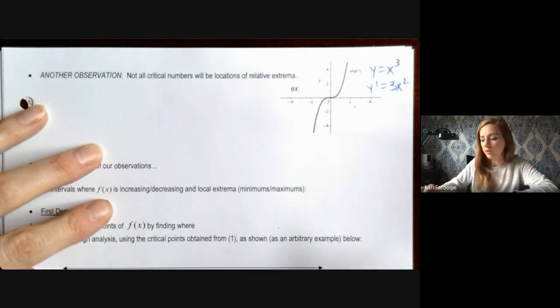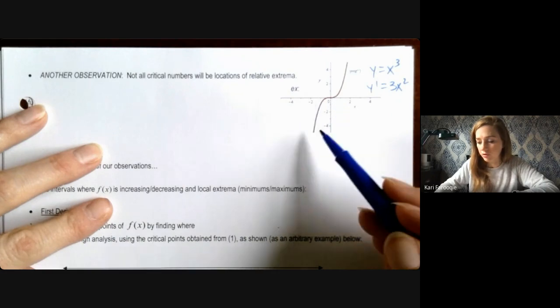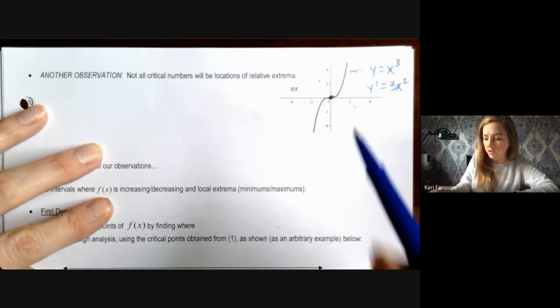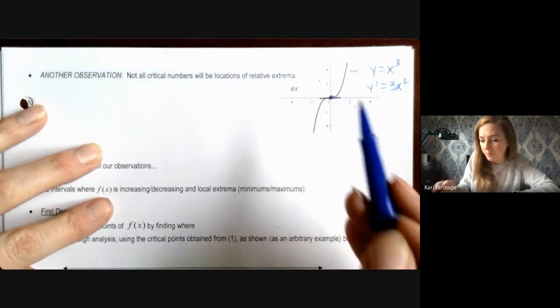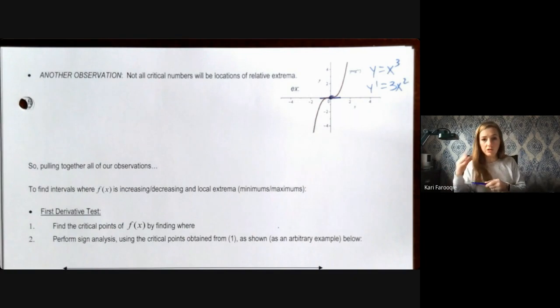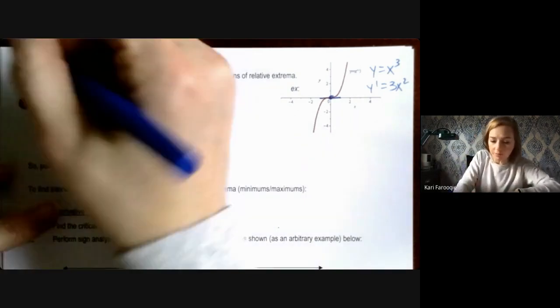Its derivative equals 0 when x equals 0. But when x equals 0, the graph technically has a horizontal tangent line at this point, but it's increasing to the left of x equals 0 and to the right of x equals 0. So we can't say that we have relative extrema, because we actually don't.